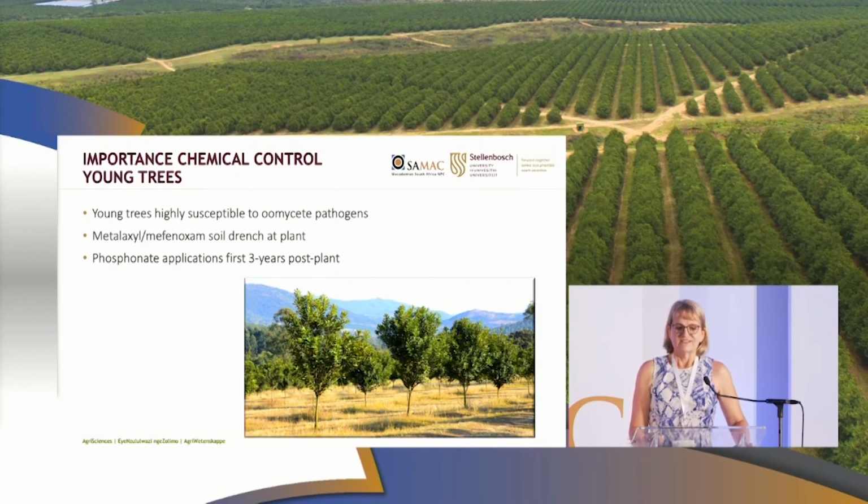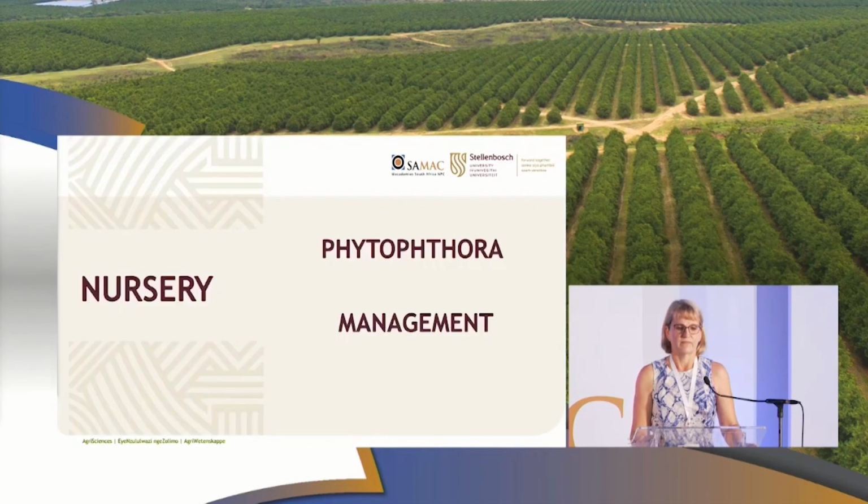Once one of these other actives is registered as a soil drench, apply that at planting. And then for the first 3 years, apply a phosphonate foliar or trunk spray to really protect your tree, because you don't know whether the pathogen may already be in the soil where you're planting or whether it's going to come in with the irrigation water.